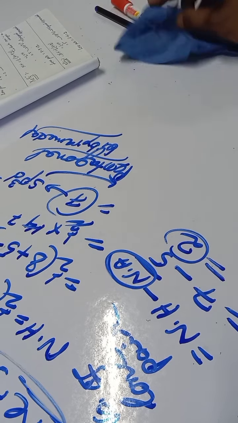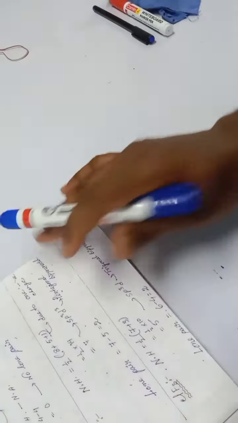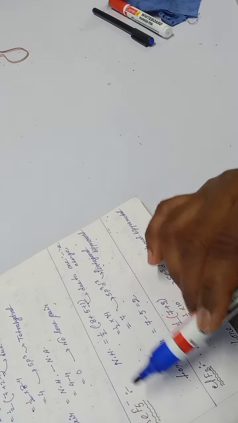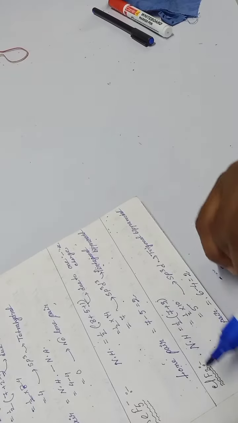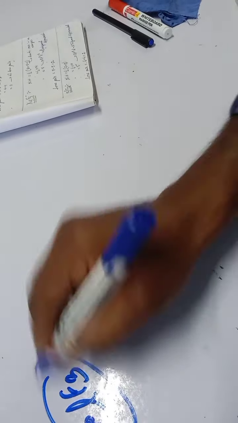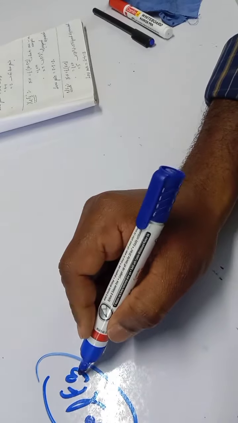My dear viewers, is the second part clear? Third part, ClF3. Cl is more positive than fluorine.